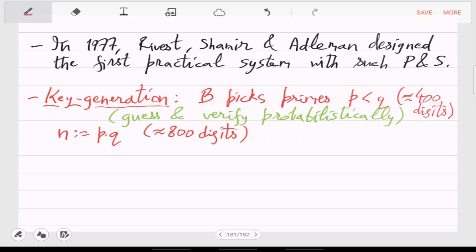No, you think about a number which has 800 decimal digits. There is no way to factor it. The only way is the exhaustive method, and that will require you to search for 10 to the 400 steps. Right? So that is again much more than the age of the universe or the future of the universe.